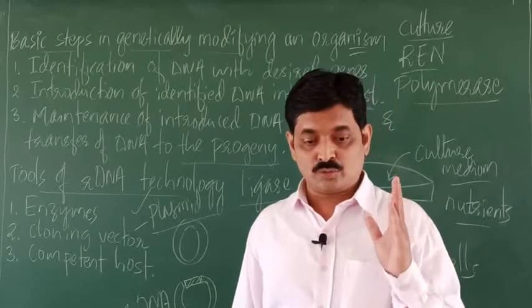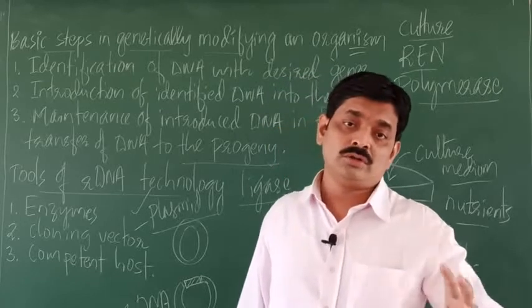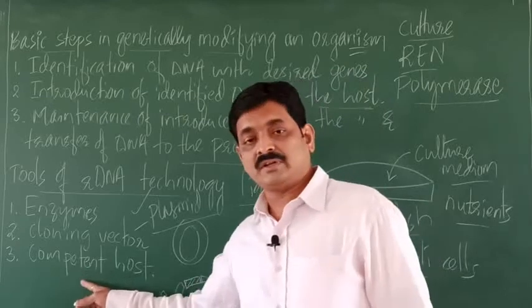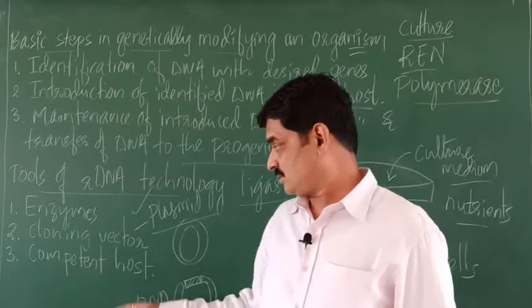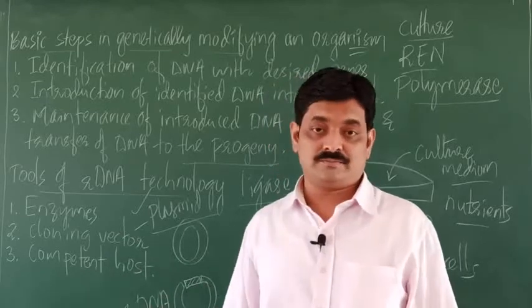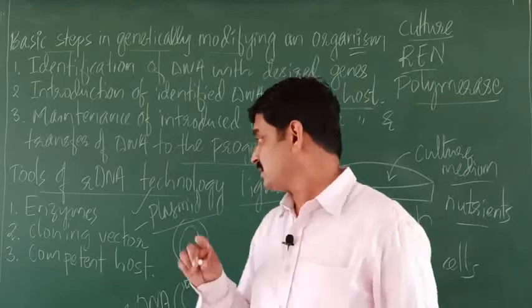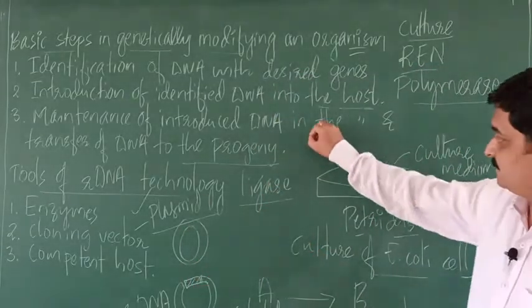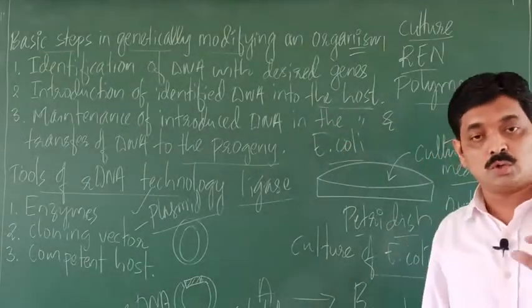The host has to be competent enough to clone the gene. That's why it is called competent host or capable host. The example of competent host is E. coli, right? E. coli is the commonly used host.